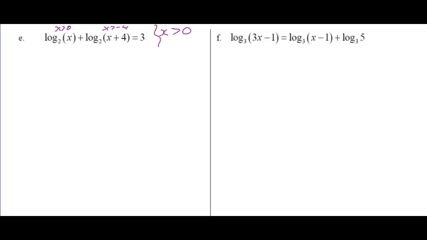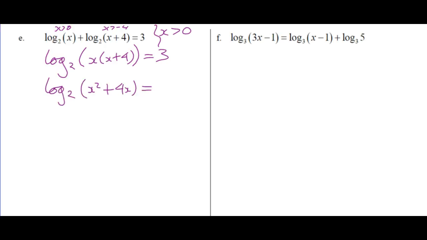Okay, what do we do when we add? The sum of logs is the log of the product. So log base 2 of what? x squared plus 4x is equal to 3.